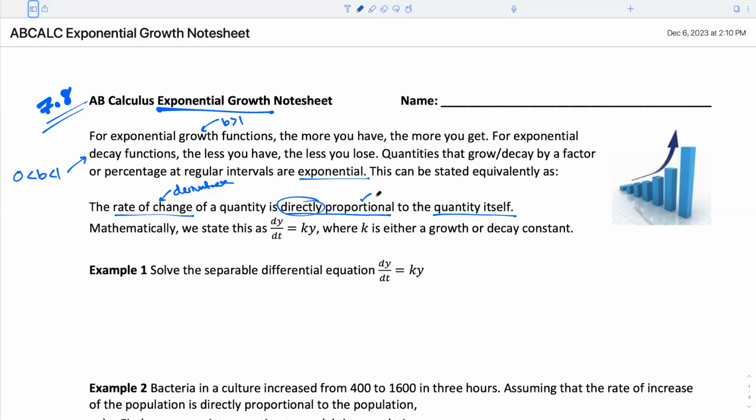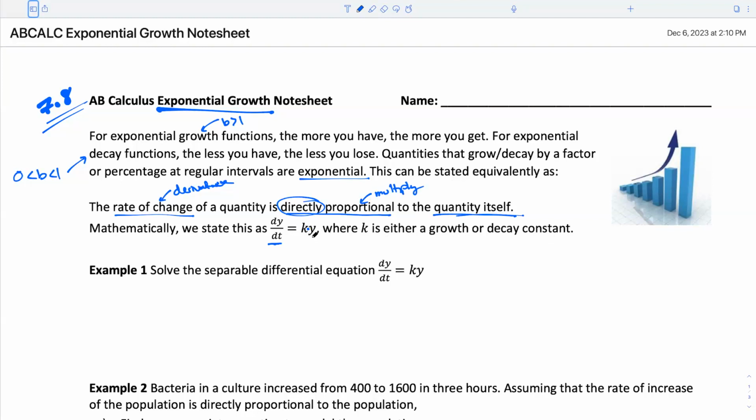Directly proportional, multiply to the quantity. If they said it was indirectly, it would be division. Directly proportional is multiplication. Mathematically, we state this as the derivative is equal to k times y, where k is either the growth or decay constant.